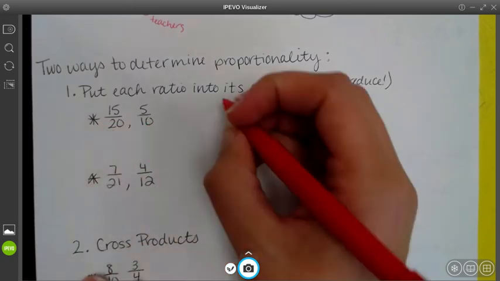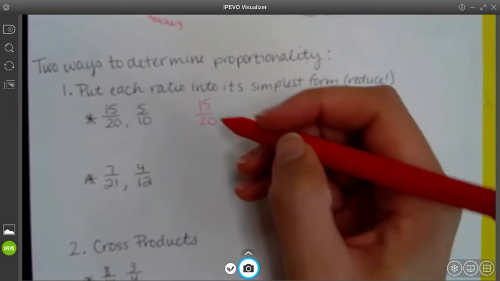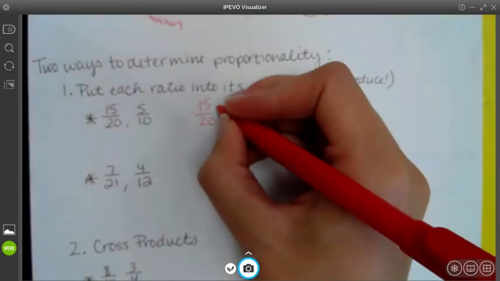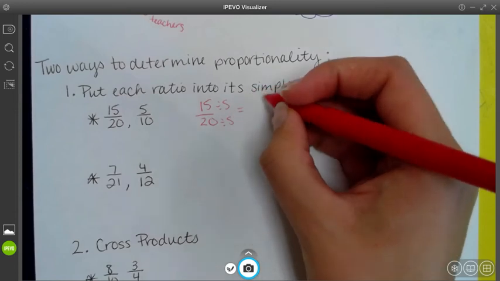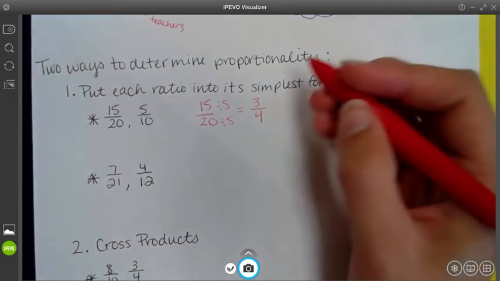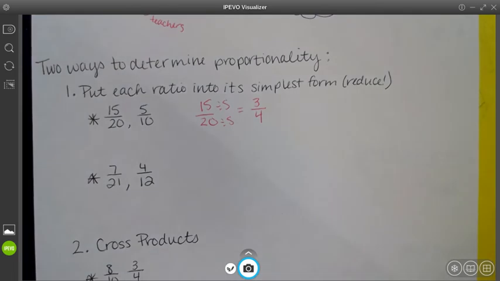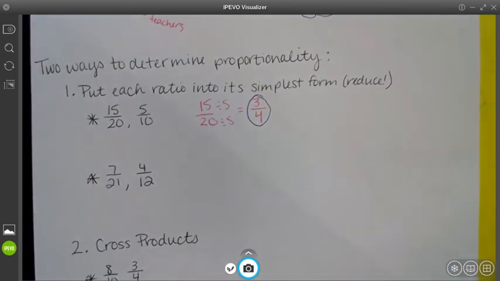So let's reduce 15 over 20. Well, one ends in 5, one ends in 0, so they can both be divided by 5. 15 divided by 5 is 3, and 20 divided by 5 is 4. I can't reduce that anymore, so that is one of our reduced ratios.